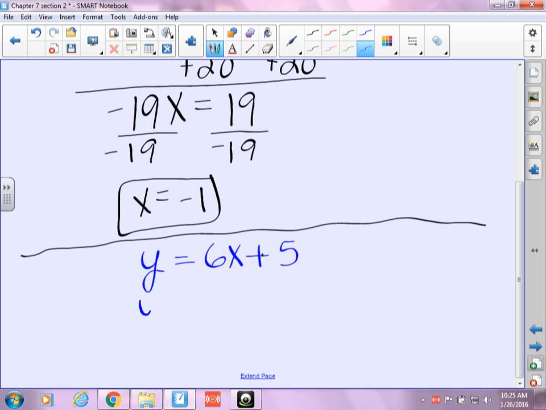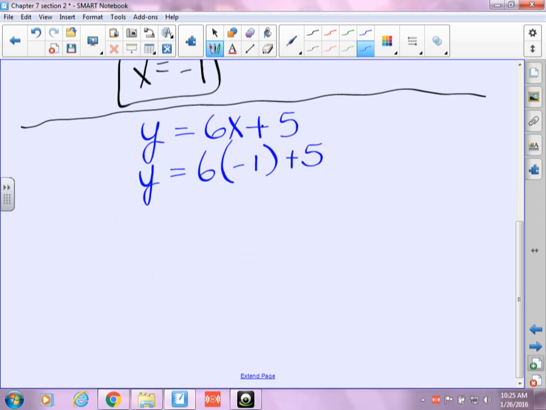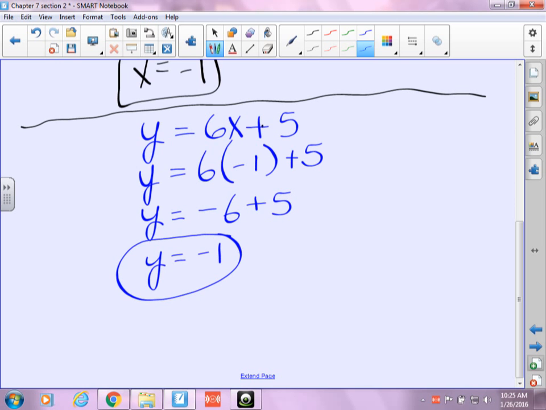Right? So y equals 6 times negative 1 plus 5. Okay, now what? Y equals negative 6 plus 5. Y equals, okay, negative 1. I'm done, right? Why? I need to do the ordered pair. Absolutely. You're not done until you do it. What's my x?